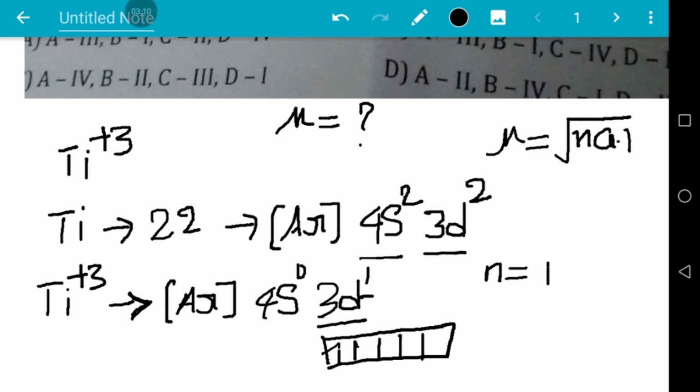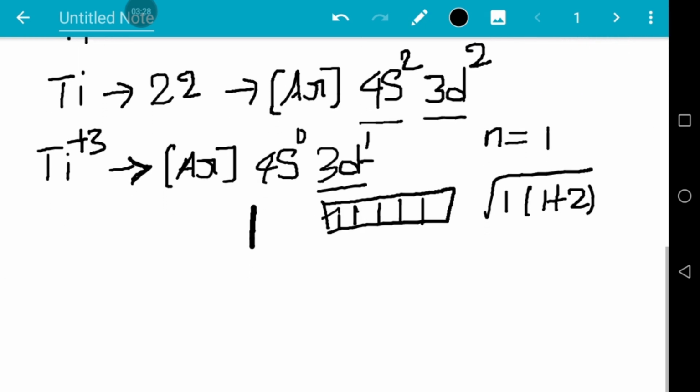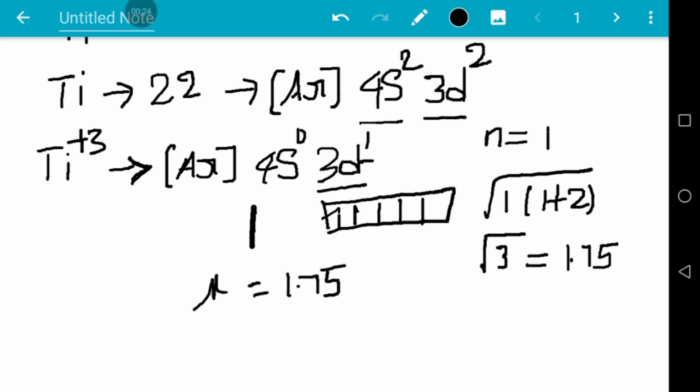Substituting the n value, 1 into 1 plus 2 is 3, so the value is root 3, which is nearly 1.75. So the magnetic moment mu value for the titanium plus 3 ion is 1.75.